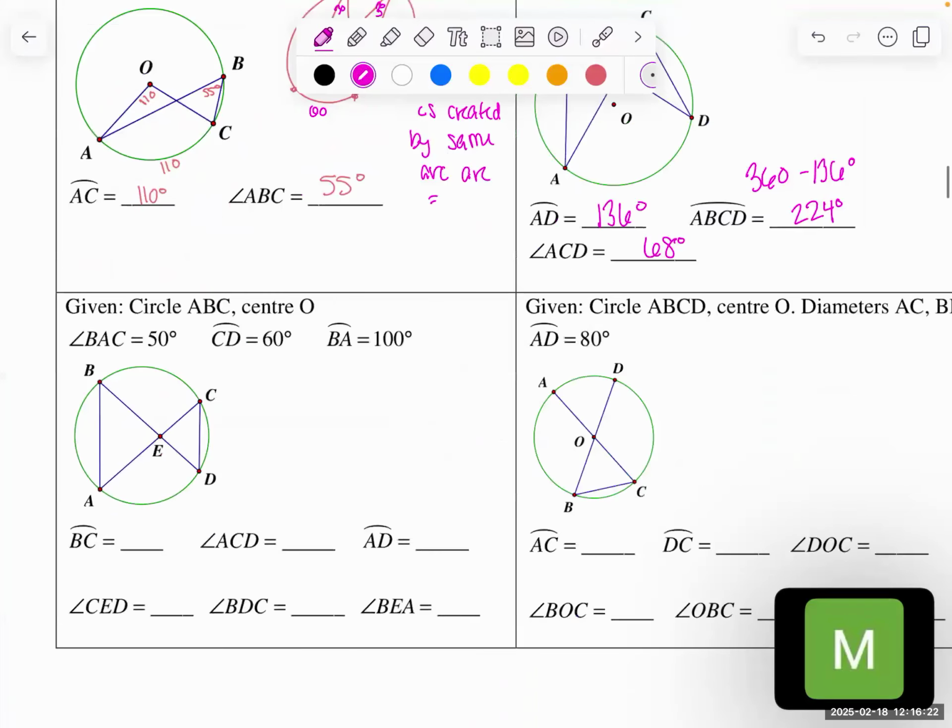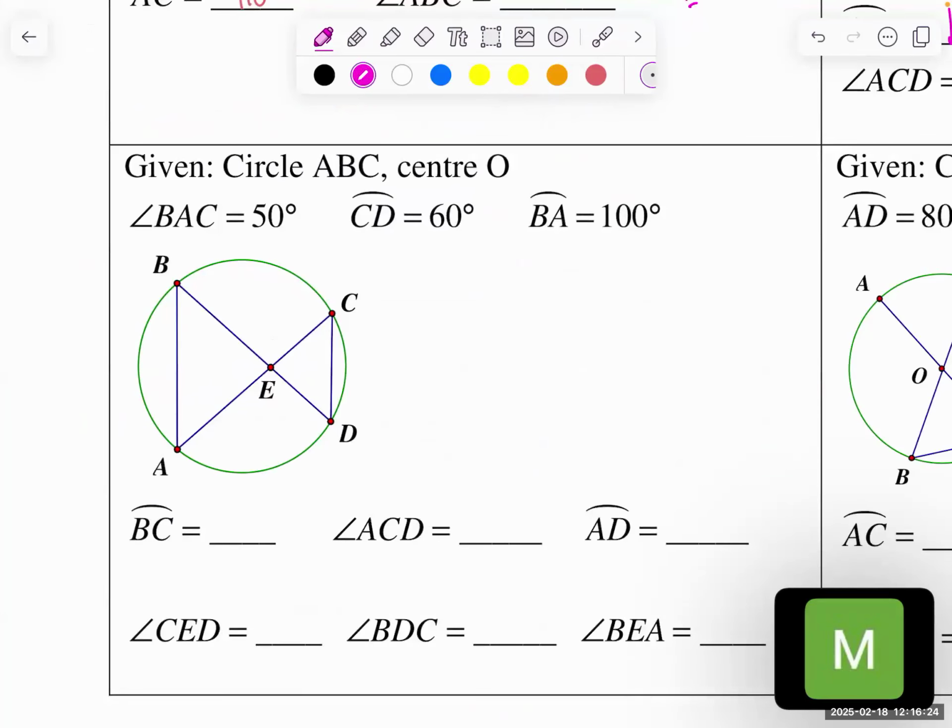Now this one's a little bit tricky because I tell you I have center O, but center O is not on here. I don't know E is the center. So I can't use any central angle relationships. It tells me BAC is 50, CD is 60, and then BA is 100. Now, I can't say this is 100 because I don't know E is the center.